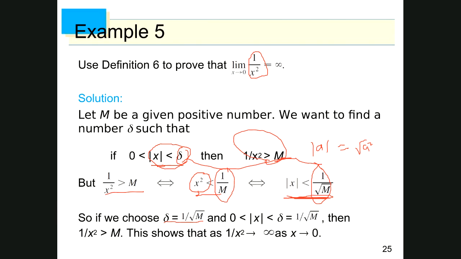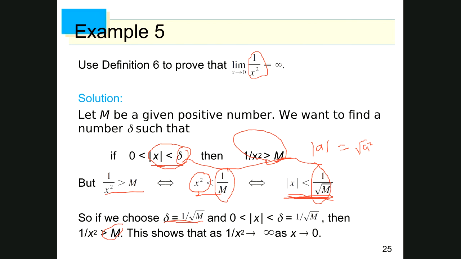All right. And you just end up with this whole function greater than m. Remember, that was the precise definition for the limit that goes to infinity. You want your function to be greater than m. All right. So the trick here is just to be able to find that relationship that I tell you, to choose the correct value for delta, and then from there, you're almost done, or you're more or less done.